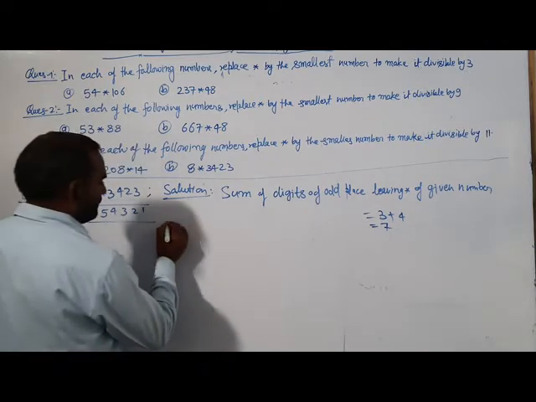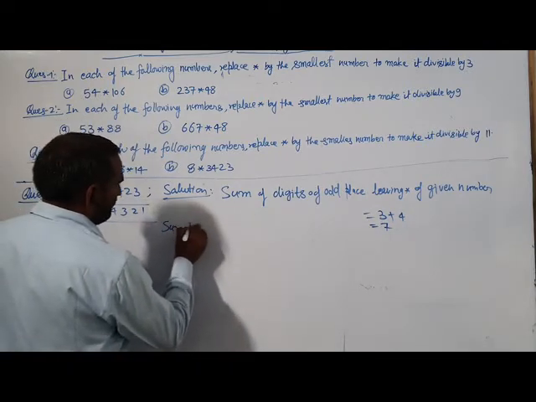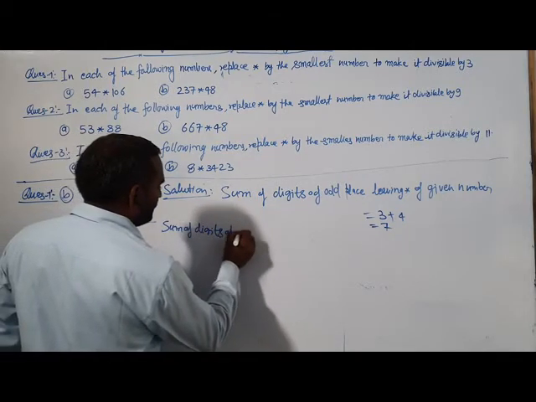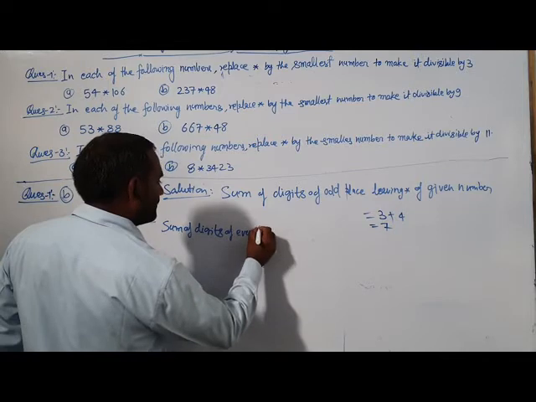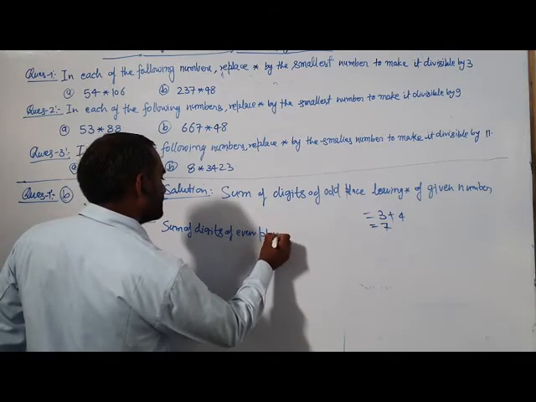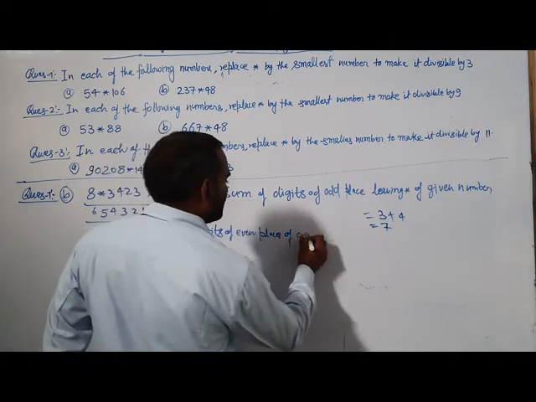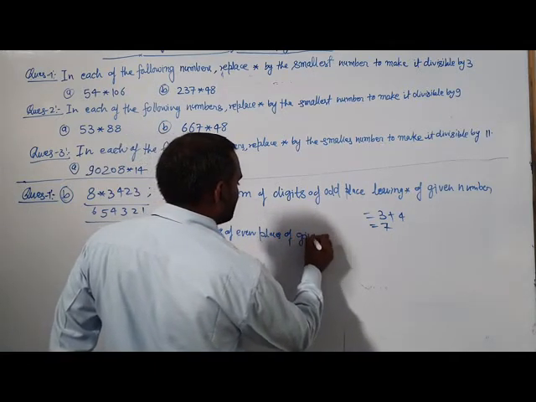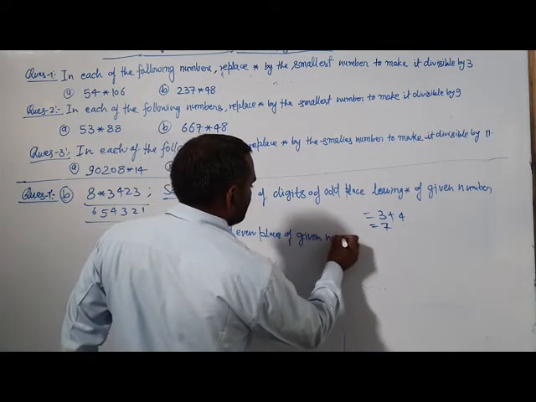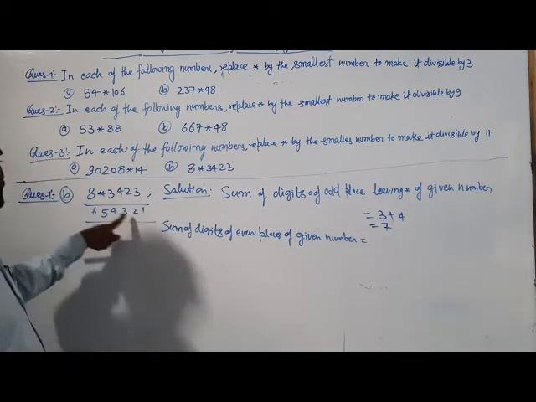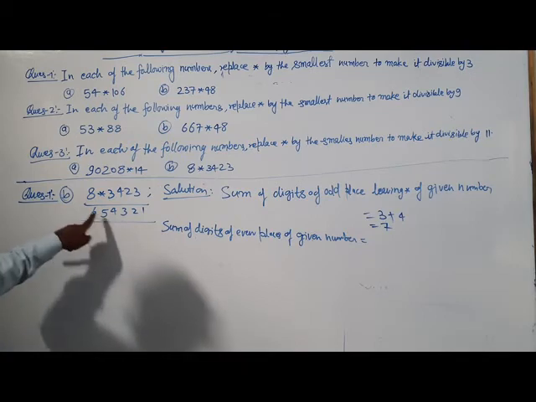Sum of digits of even places of the given number. Even places are 2, 4, 6.